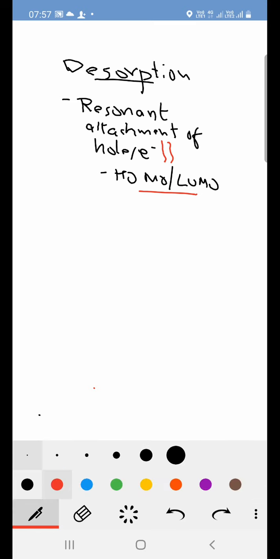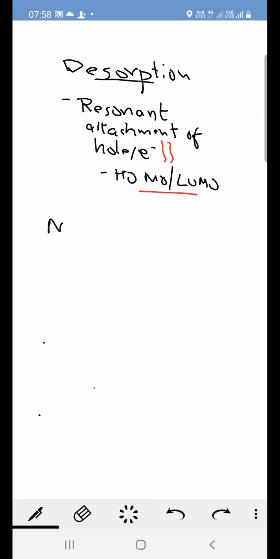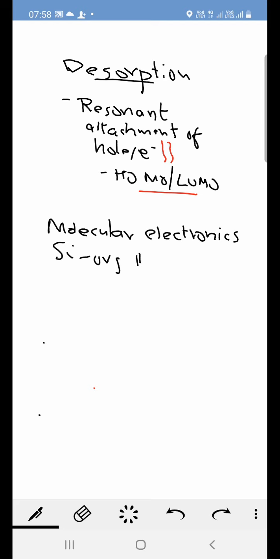And so when we talk about molecular electronics, the silicon and organic molecule form a hybrid system.